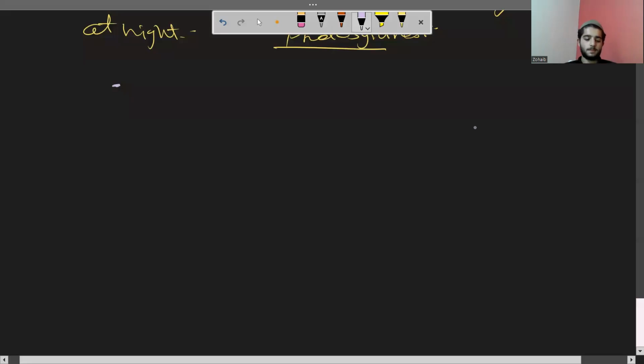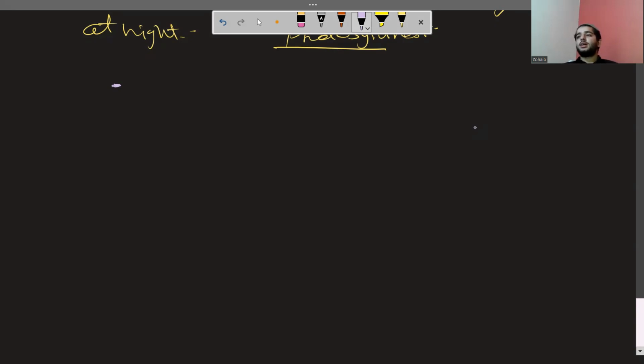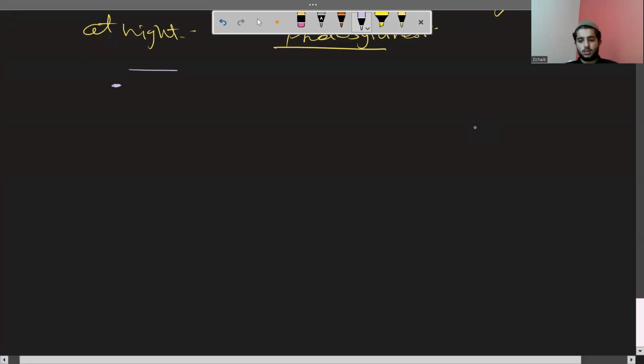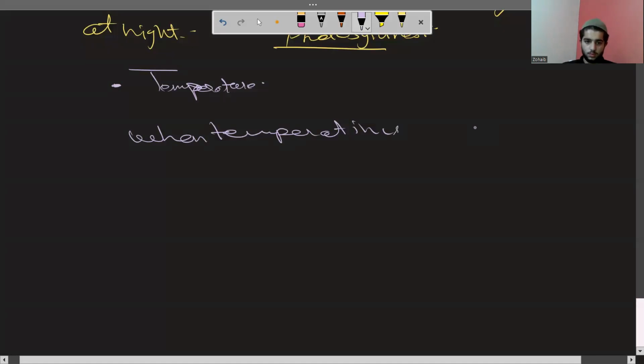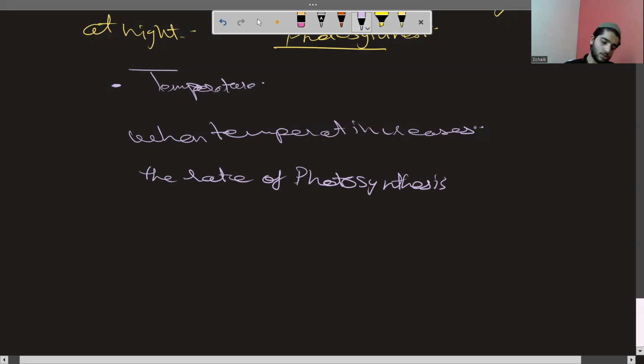The other external factor on the rate of photosynthesis is temperature. When temperature increases, the rate of photosynthesis increases.